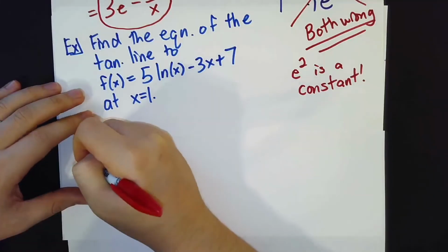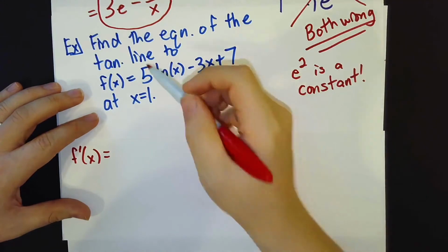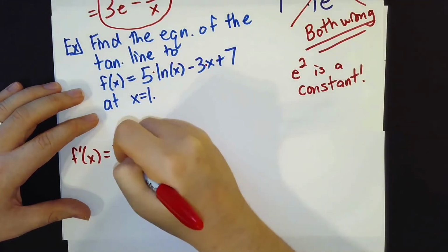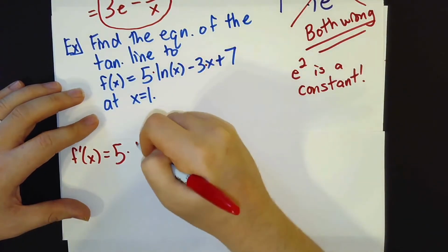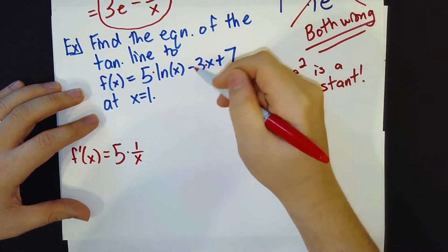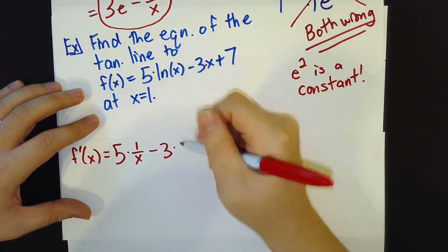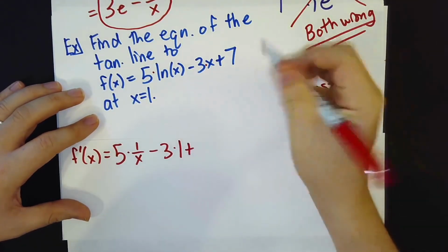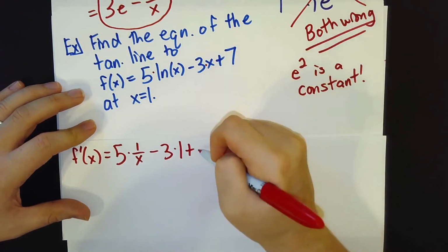So this question, for example, we're going to start by finding the derivative here, which I'm going to do using the same rules as before. So this is going to be 5 times the derivative of a natural log of x, which is 1 over x, minus 3 times the derivative of x, which is 1, plus the derivative of 7, but the derivative of 7 is 0.